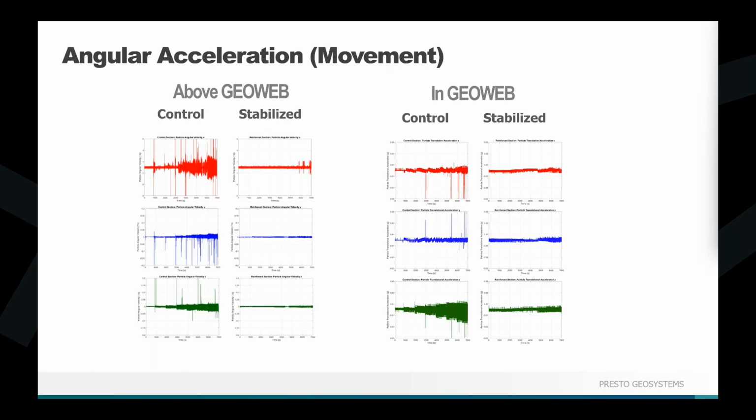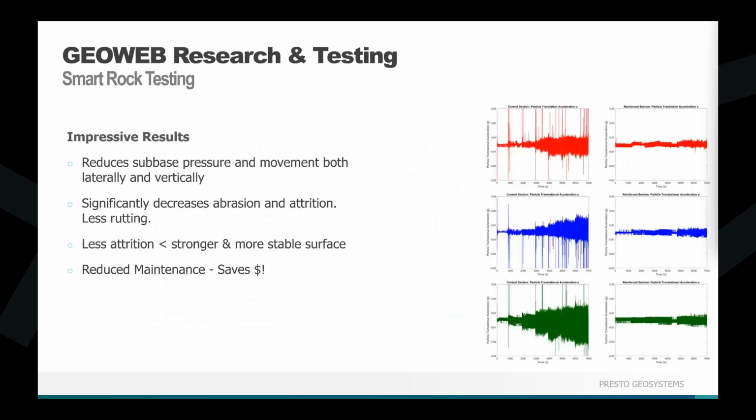So again, just like we saw before, the GEOWEB stabilization is on the right, and then the unstabilized area is on the left. So you can see how much more stabilized it is with the GEOWEB panels. It's really a pretty remarkable and stark difference with the panels included. You can see that. And then last one here.